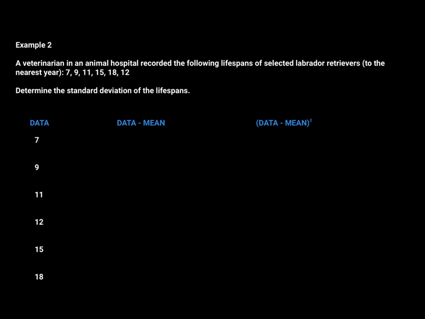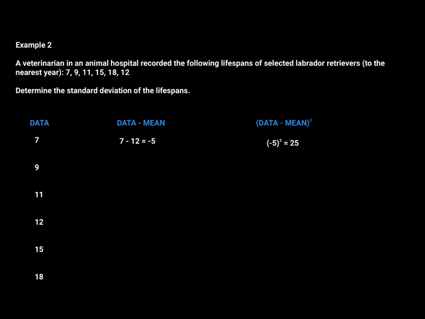Now we need to subtract the mean from the data. So in this case, we need to do 7 minus 12. That difference is -5. Next, we're going to take this difference, -5, and we are going to square it.